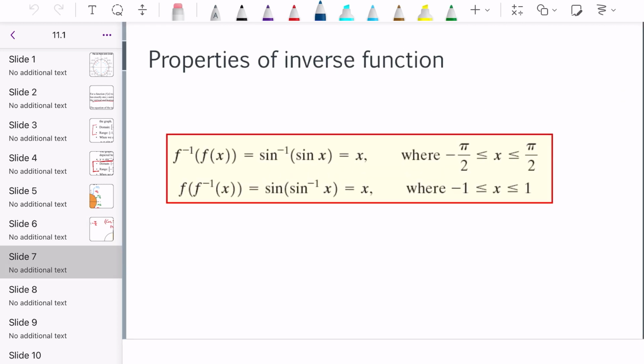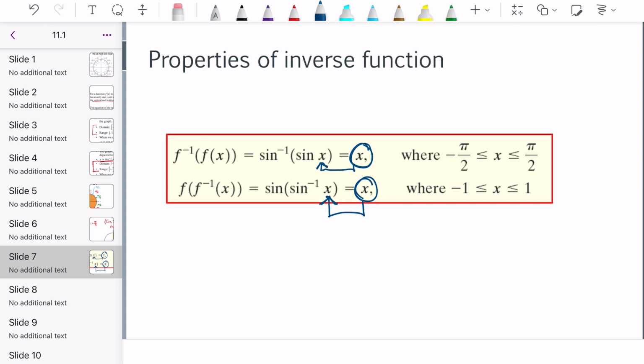In this next slide, we go over the range for each one of our functions, not only the inverse sine, but the sine as well. Notice whether we have the inverse on the outside or the inside, our final answer will always be x. And this is the same x that is represented on the inside of our equation.